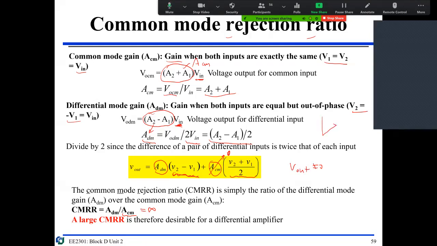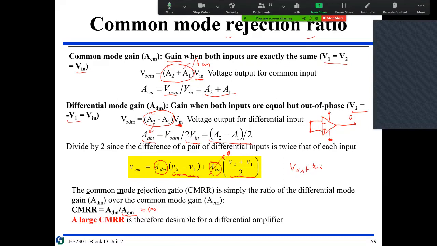You have an op amp, you have 2 terminals. You put these 2 together, you just connect the non-inverting terminal and the inverting terminal. Then you see, do you have output? You should have 0, right? Because this difference is 0, right?